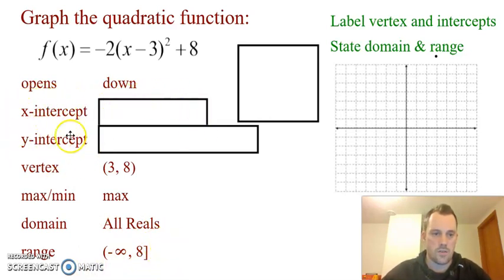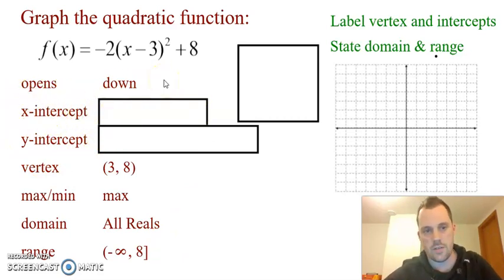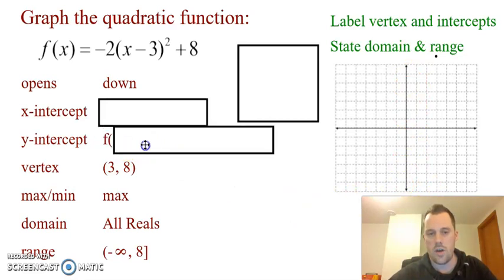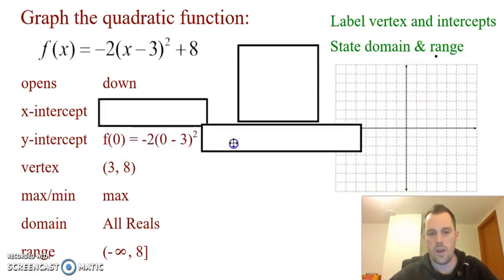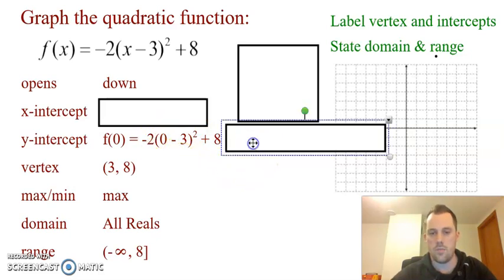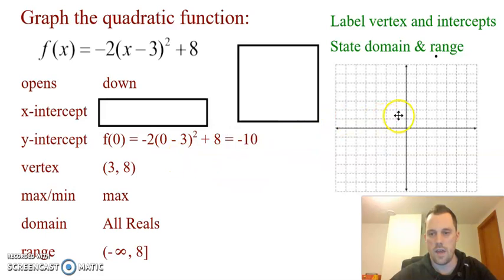Now, my y-intercept, I like doing that one typically before x-intercept because I just have to plug in 0 for x. I know that my y-intercept is always going to have an x value of 0. So I go ahead and plug in and evaluate f of 0. This is going to be negative 3 squared is 9 times negative 2 is negative 18 plus 8 gives me negative 10.